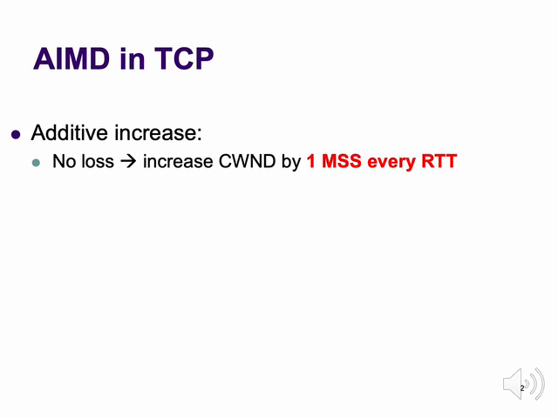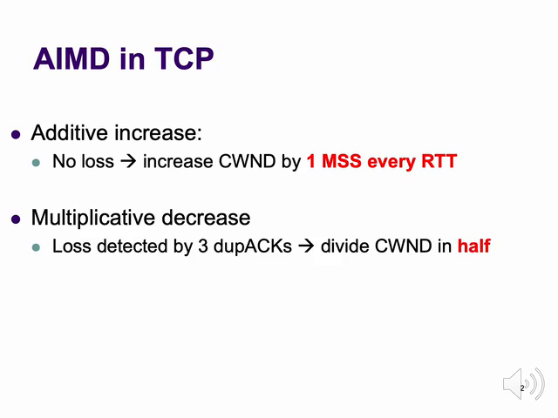This is when you have no loss, you additively increase, or you add some constant to your cwnd. In TCP, this is just 1 MSS every round trip time. So in TCP, if there's no loss, the sender is going to increase its cwnd by 1 MSS every round trip time. And then the other part of AIMD is the multiplicative decrease.